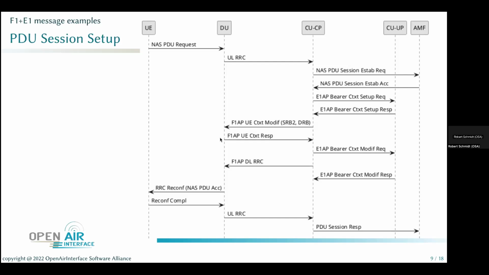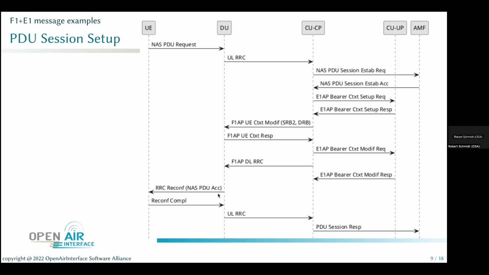So anyway, the DU will do this and answer, then the CUCP just tells the CUUP that this has actually also been set up in the DU, for some details that we can clarify later. And then finally, once all this has been done and the CUCP, the DU and the CUUP are okay, only then will the CUCP actually forward, again in a downlink RRC message transfer, this NAS PDU session establishment accept that it received in the beginning.